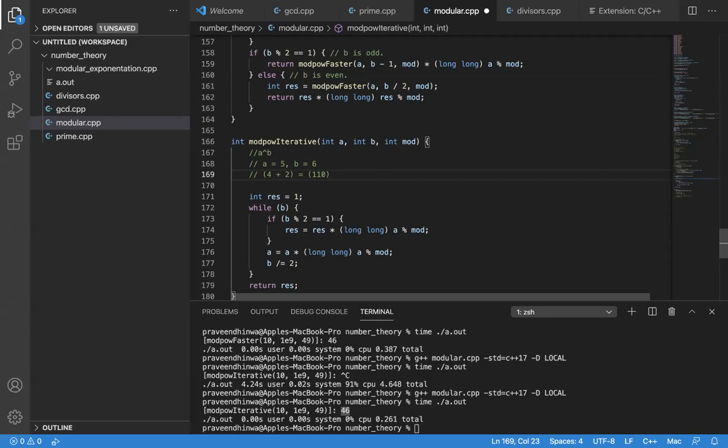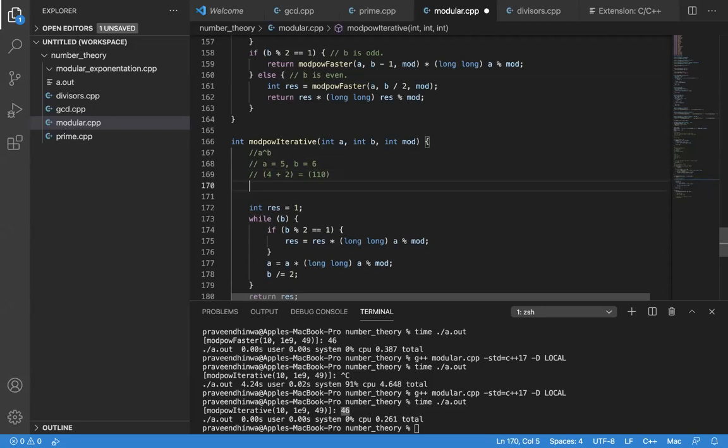So I can write 5 power 6 equal to 5 power, how much? This number 110, you can write it as 2 power 2 plus 2 power 1 plus 2 power 0 times 0.